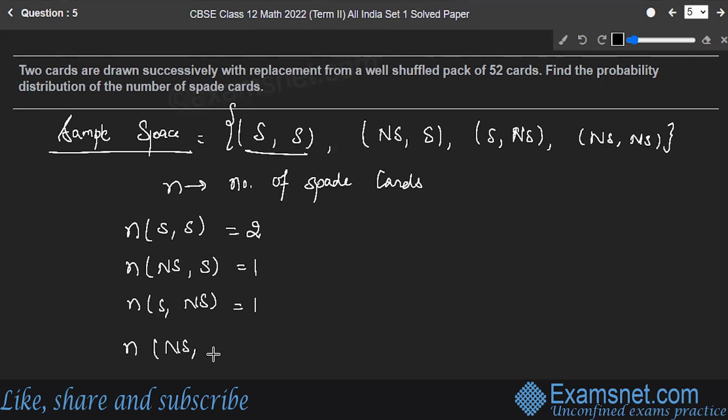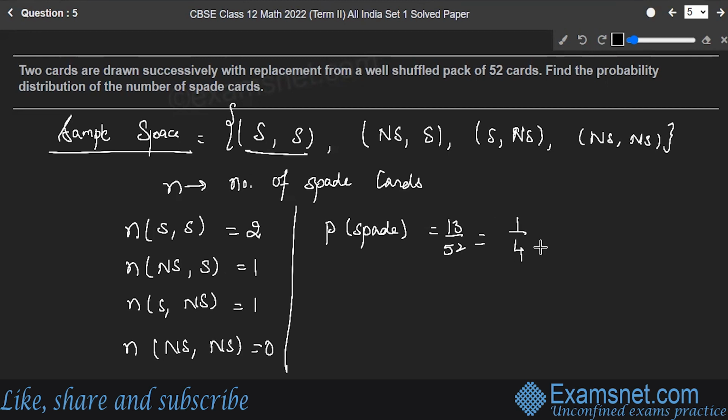And in this case, the number of spade cards is equal to 0. Right? Next, you know the probability of getting a spade card is equal to 13 upon 52, because there are 13 spade cards out of the 52 cards, and that is equal to 1 by 4. So the probability of getting a non-spade card will be given by 1 minus 1 by 4, which is equal to 3 by 4.